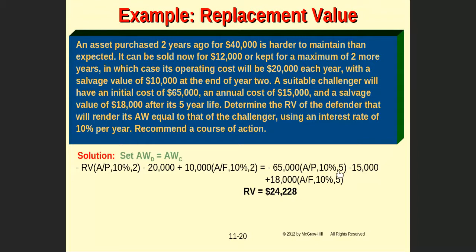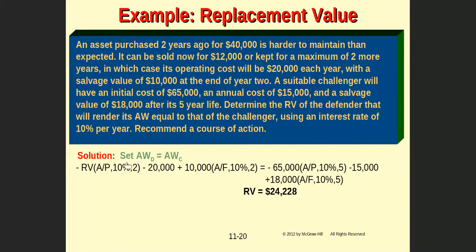And why is it 5? Because the challenger's life is 5 years. Minus the 15,000, which is the annual cost, plus the 18,000 times A given F at 10% and 5 years, which is the salvage.